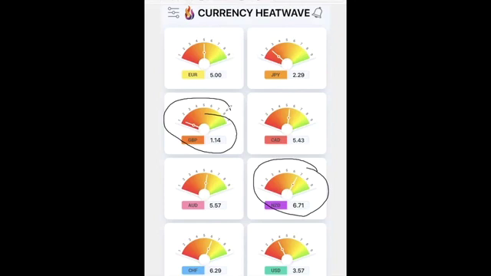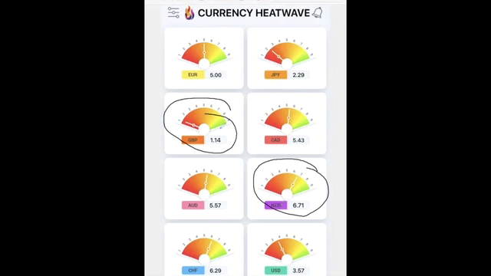The pair would be GBP/NZD. Somebody tell me what direction GBP/NZD would be going in based off this. Exactly, Dwayne. It would be going down, because based on this pairing, the Great British pound is very much weaker than the New Zealand dollar.